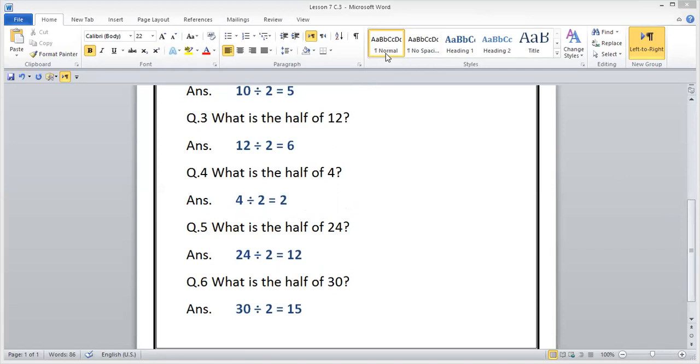The question I'm going to ask, tell me what is the half of 100? What is the half of 100? Muhammad, very good. Hamedo, very good. Ilyas, very good. Ali, very good.